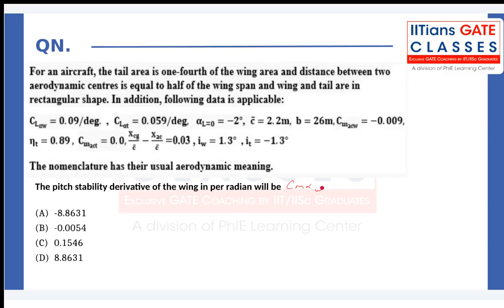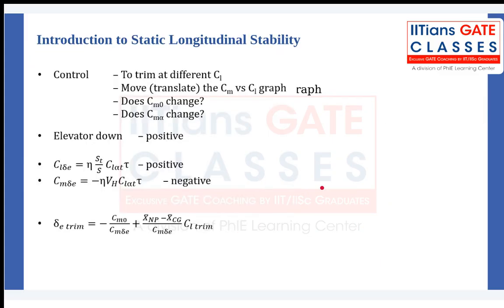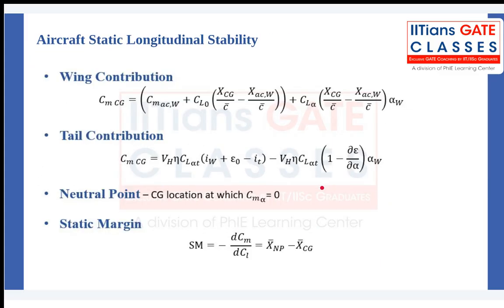So let me go back to that slide. So these equations you're comfortable with. Do you have these equations with you? The wing contribution, tail contribution. Yes. Okay. Now this is what we found out in the first question, that is CM naught of the wing.